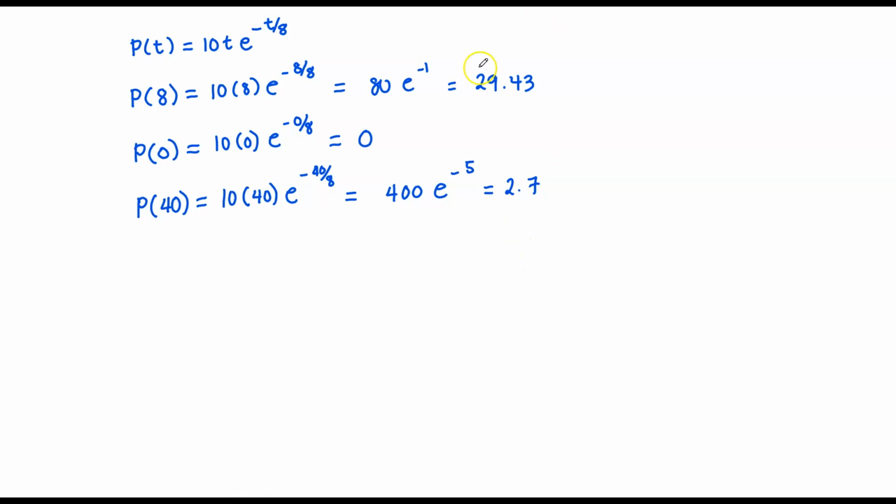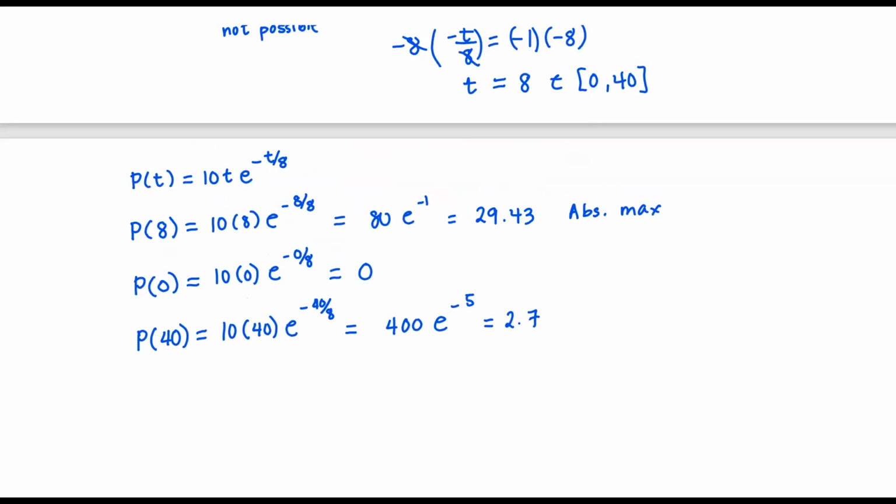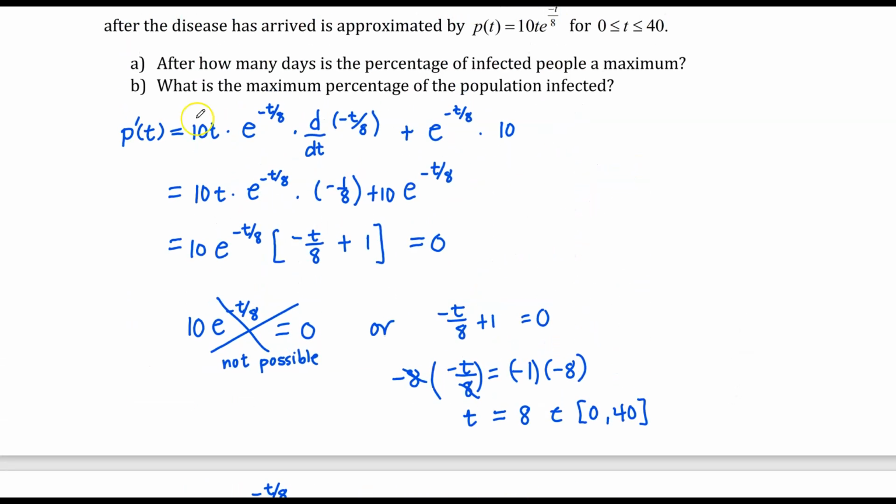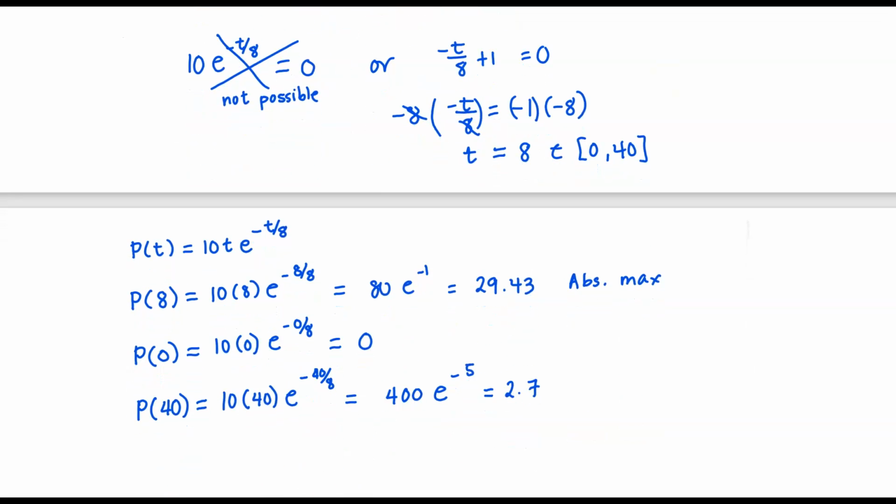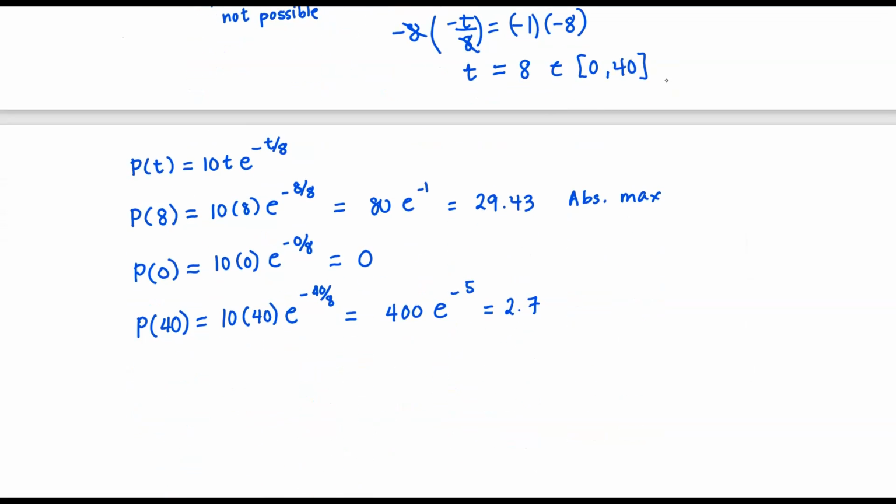Now the highest value is 29.43. This is the absolute maximum. Now since we want to find the number of days such that the percentage of infected people is a maximum, therefore we say that the answer is 8 days. So t is equal to 8 days.